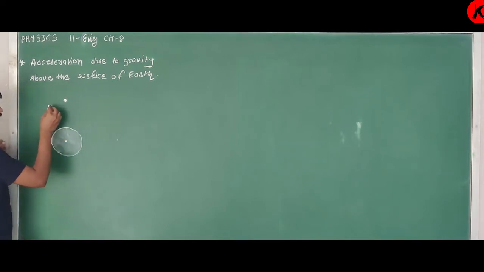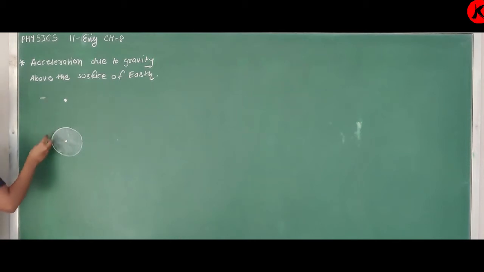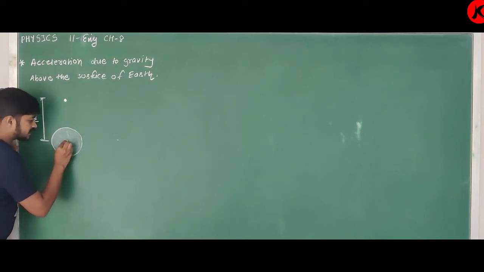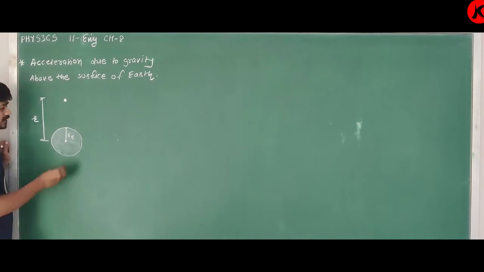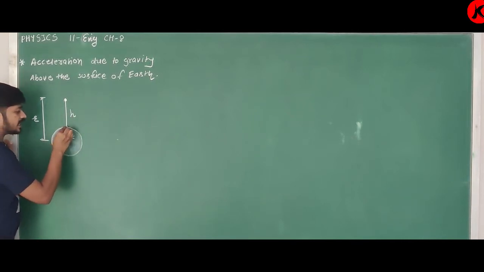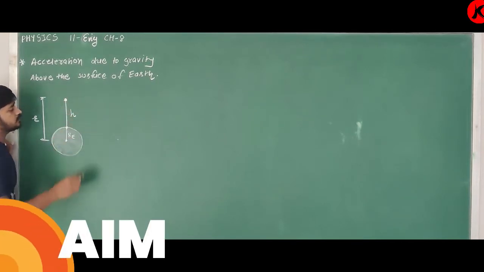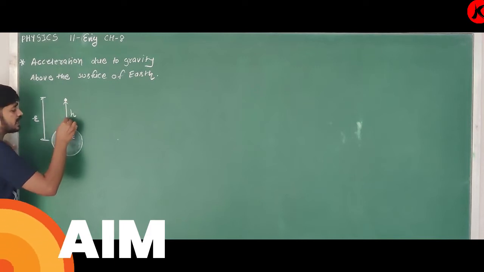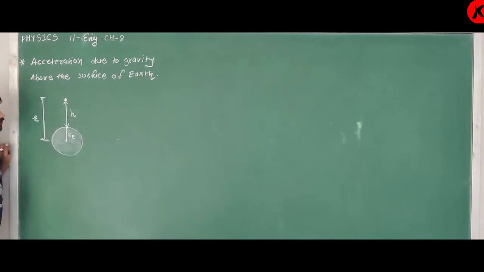We know that from the center of Earth, the distance is R, the radius of Earth. And this distance is h, the height above the surface of Earth.